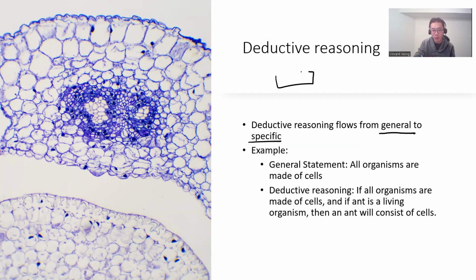You have a broad statement that you make, and now you apply it to a different situation. What about the dandelion over there? You think the dandelion is going to be made out of cells? Probably. The dandelion is alive, it's living. Based on my general statement, it should be made up of cells.